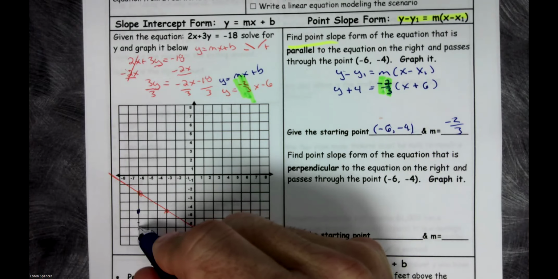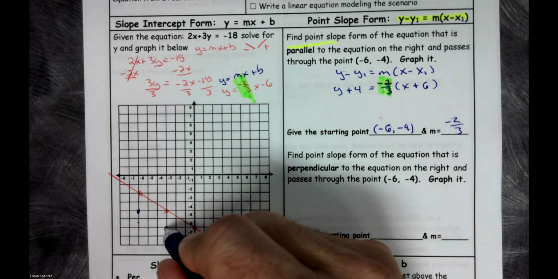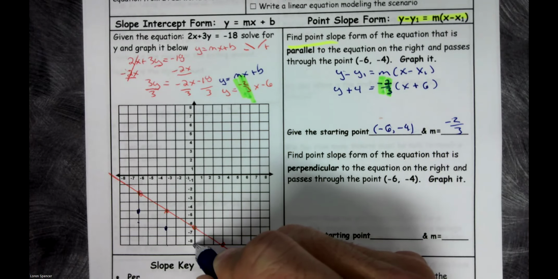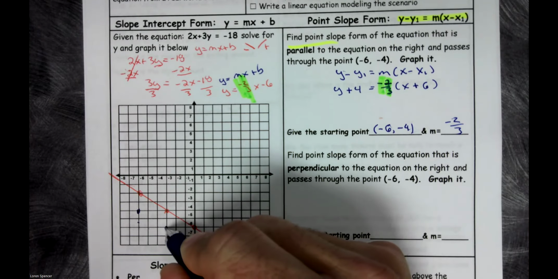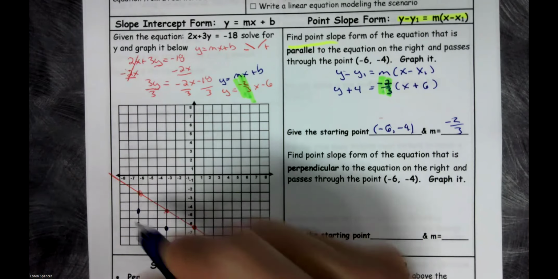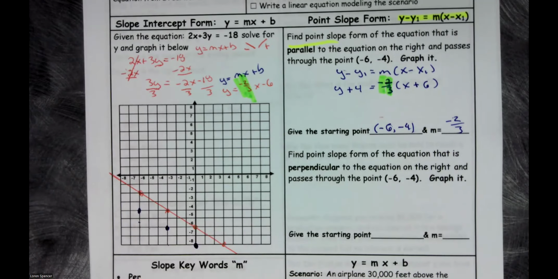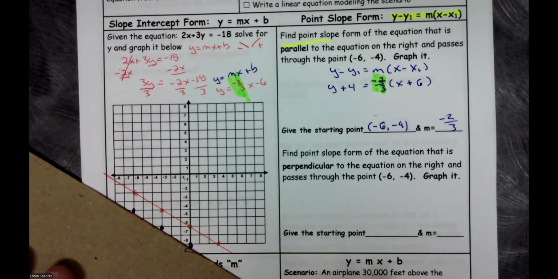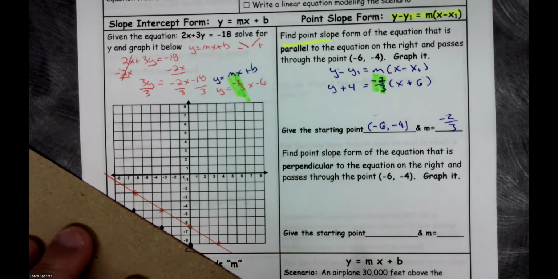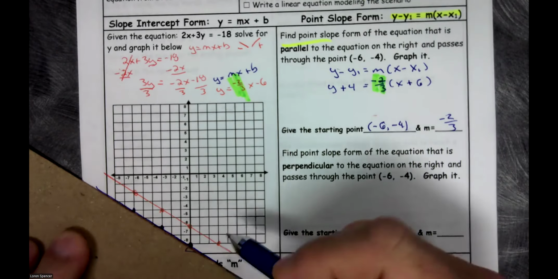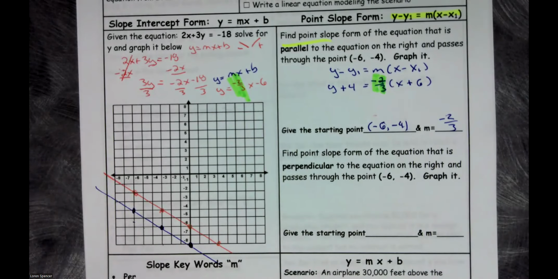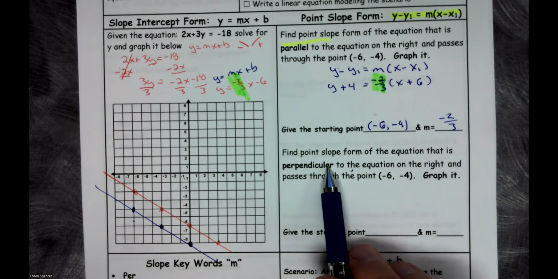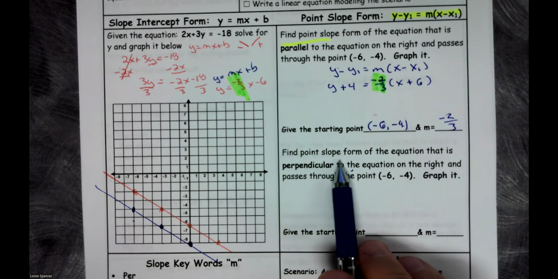So down 1, 2, over 1, 2, 3. And down 1, 2, and over 3.